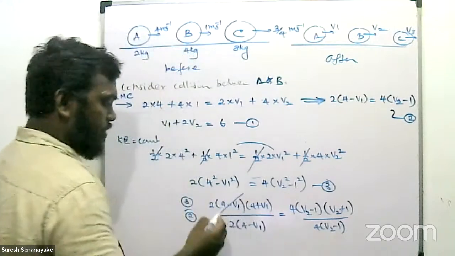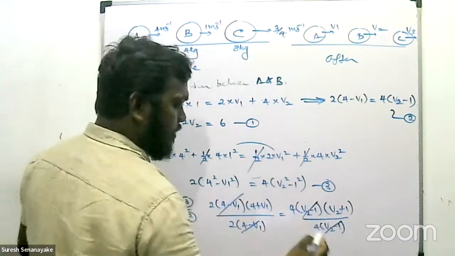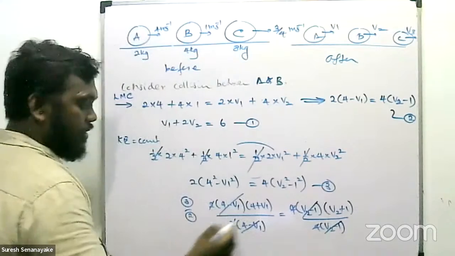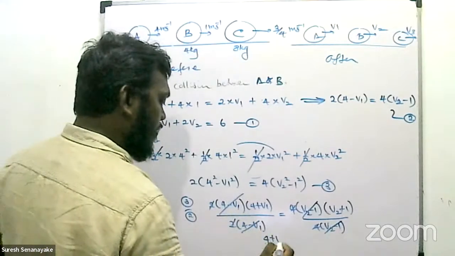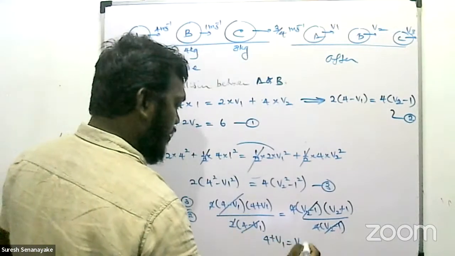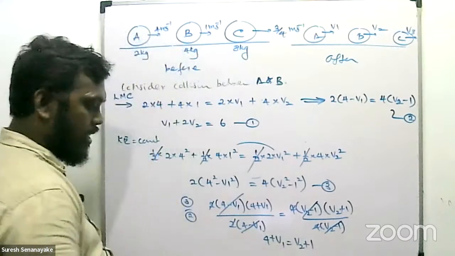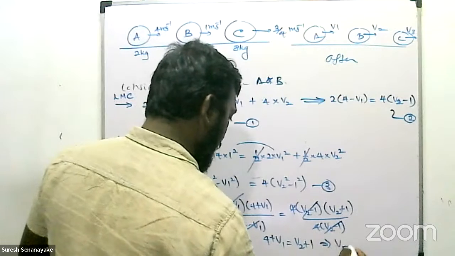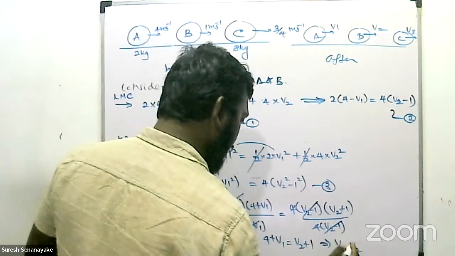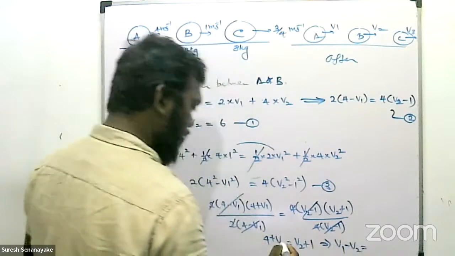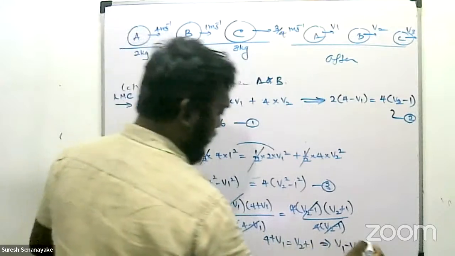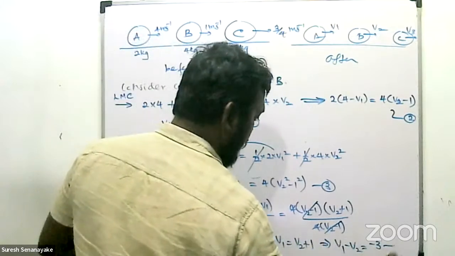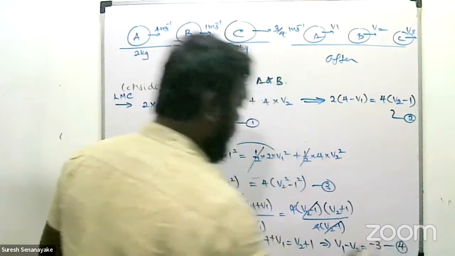It's easy to simplify this: cancel the 4 and 2, so 4 plus V1 equals V2 plus 1. By simplifying, you can say V1 minus V2 equals minus 3. That's another equation, the fourth one.